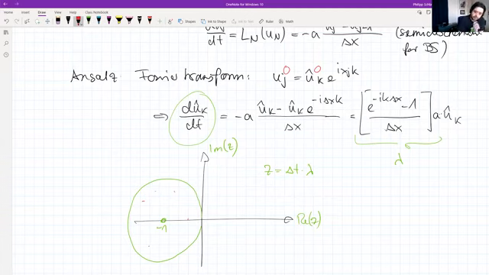And now my lambda is this term here: e to the minus ik delta x minus 1 divided by delta x.